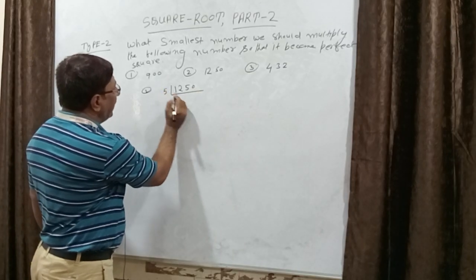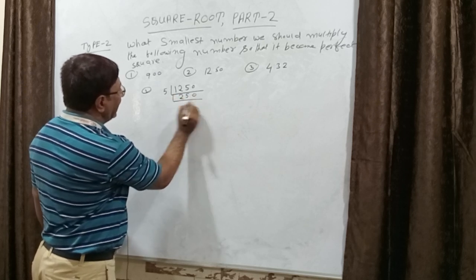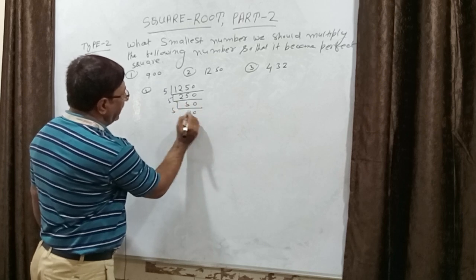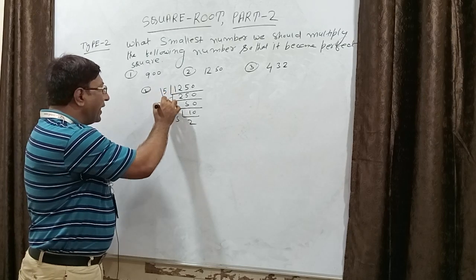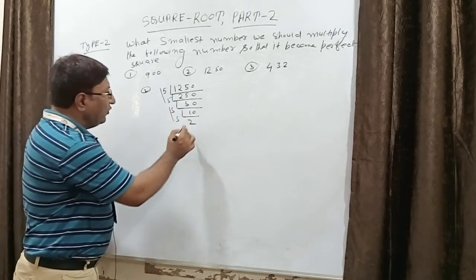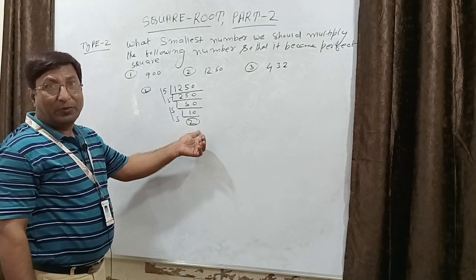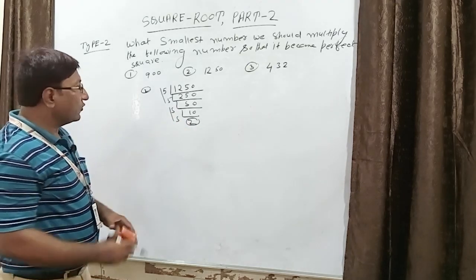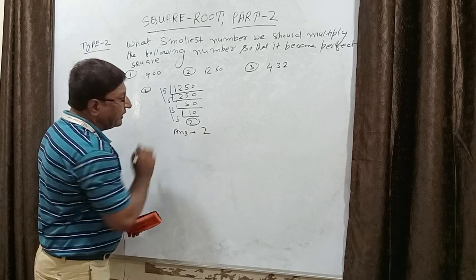First divide by 5, 5 2s are 10, 5 5s are 25. Again 5 5s are 25, again this is 5, again this is 2. So now you see here this 5 has a pair and this 5 has a pair. The 2 has no pair. So if we multiply by 2, it also becomes a pair and it becomes a perfect square. So our correct answer is 2.